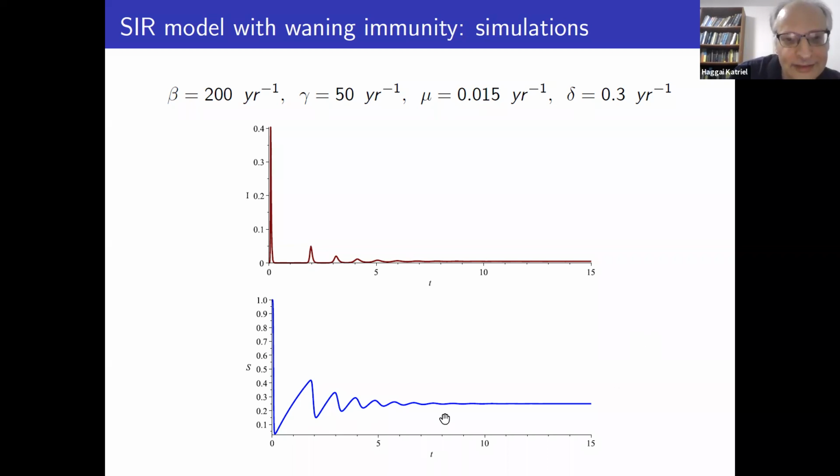These oscillations are related to the build-up of susceptibility and epidemics, so I'm not so sure that stochasticity is a crucial element, but maybe I have to think about it more.